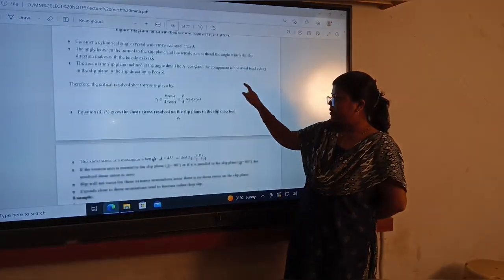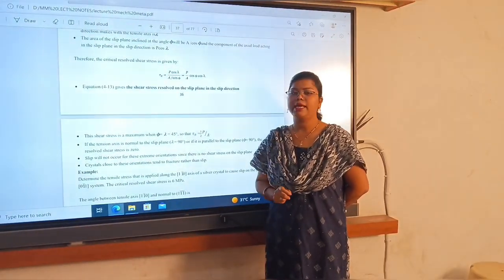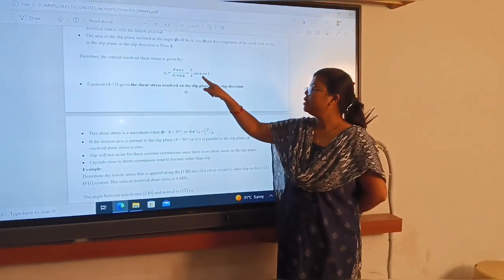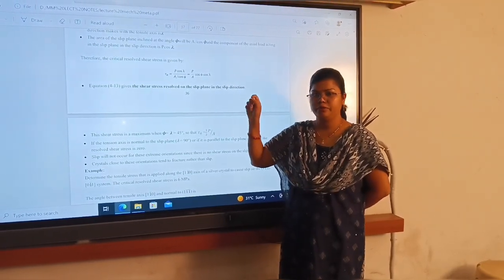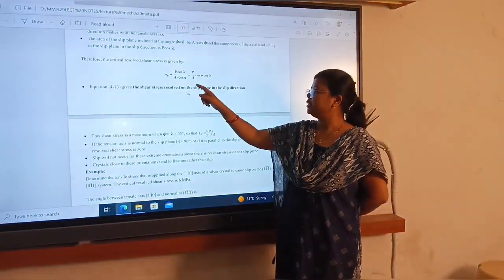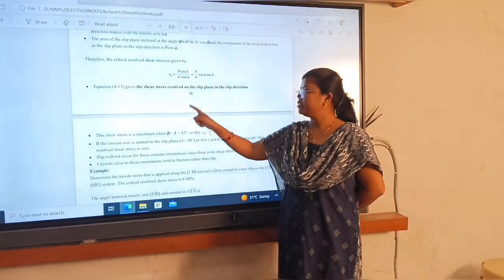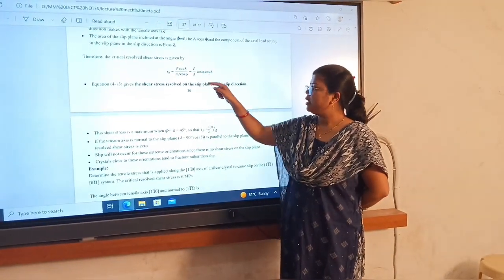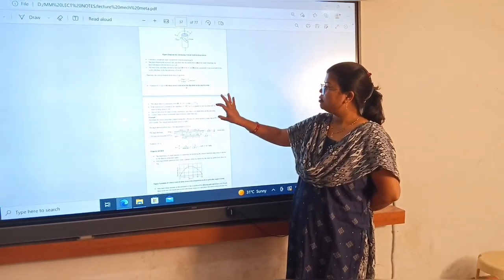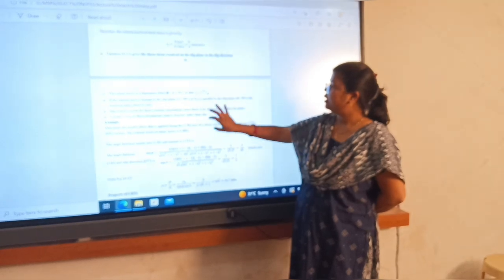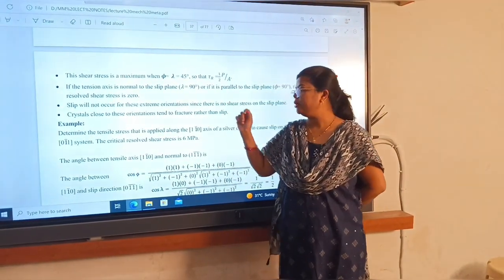As seen here, there are two cosine terms, cos phi and cos lambda. If phi is 45 degrees and lambda is 45 degrees, in both cases, if the angle is 45 degrees, then the shear stress will be maximum, because the value will be P by A into 1 by 2, and this is the maximum value.